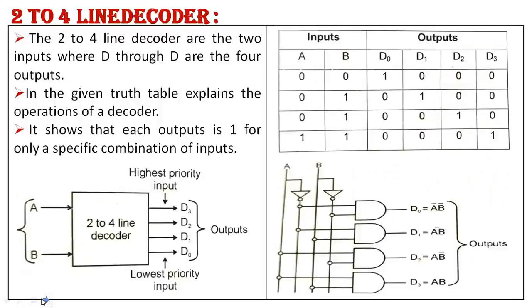Next example of a decoder is the 2 to 4 line decoder. The 2 to 4 line decoder has 2 inputs, where D0 through D3 are the 4 outputs. The given truth table explains the operation of the decoder. It shows that each output is 1 for only a specific combination of inputs.